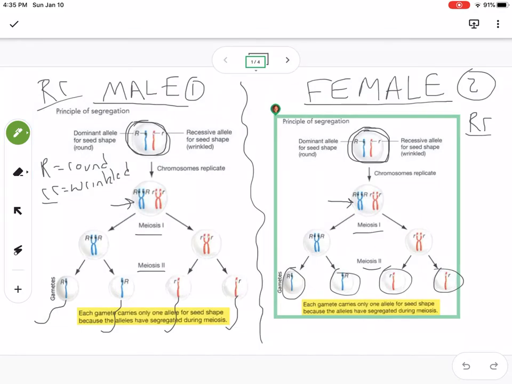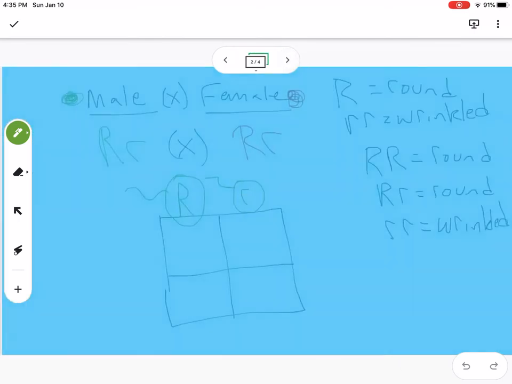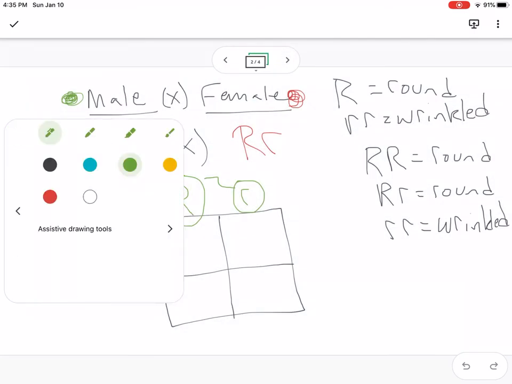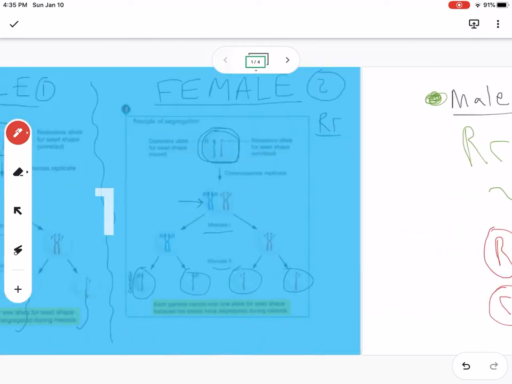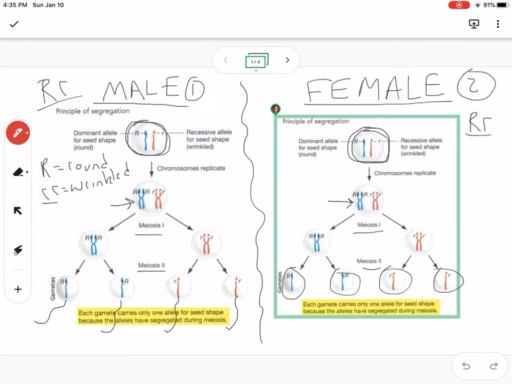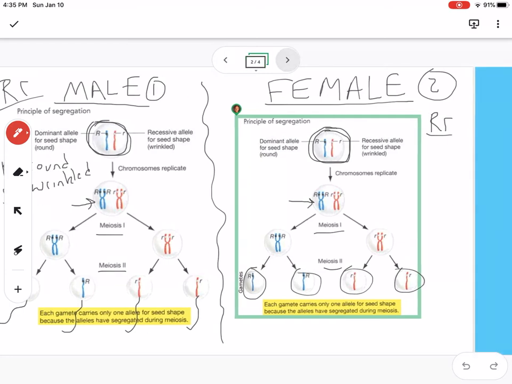In this example, those are the only two alleles the male would donate if it was going to mate with this female. The female can also either donate a big R or a little r in her egg. If you look at the chromosomes in her gametes, there's either a capital R allele or a lowercase r allele.